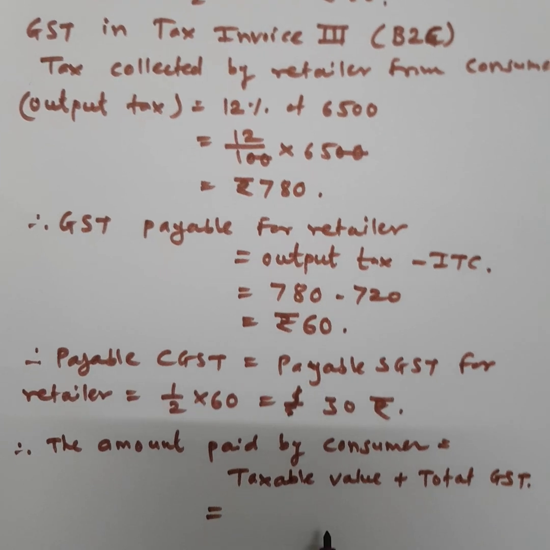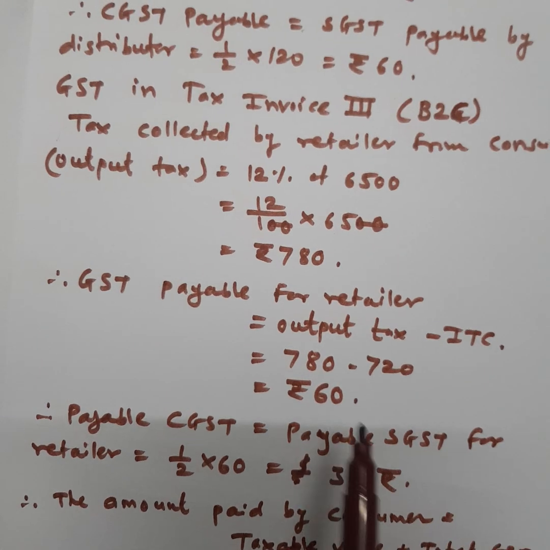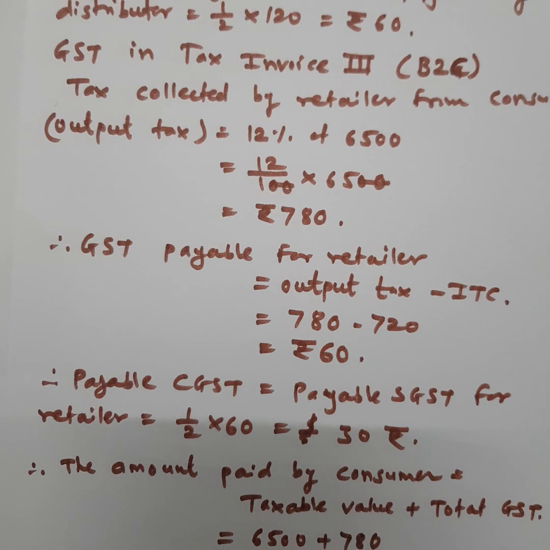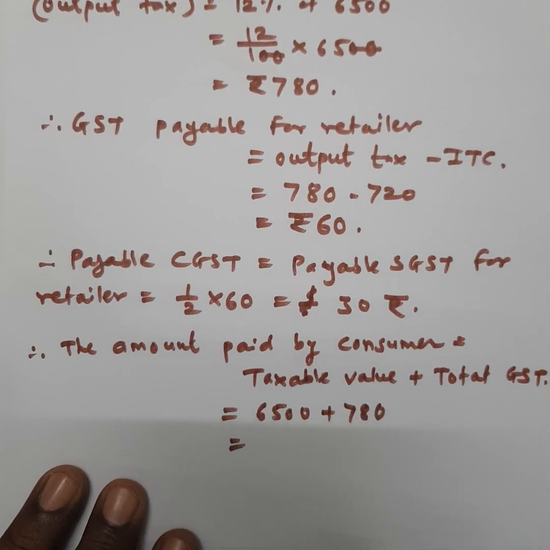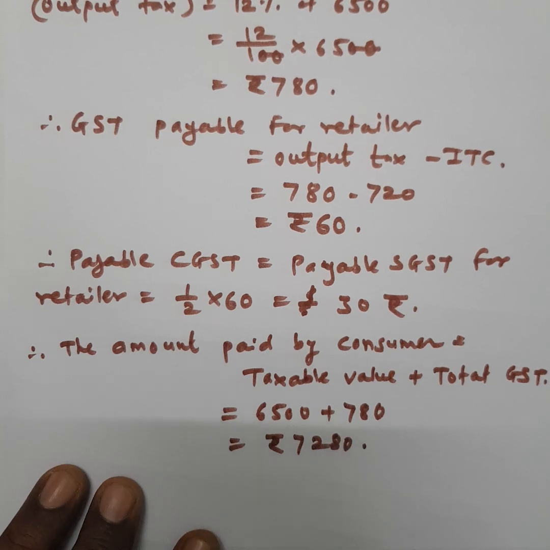Taxable value was 6500 rupees plus total GST is 780 rupees, means the total amount to be paid by the customer is rupees 7280.